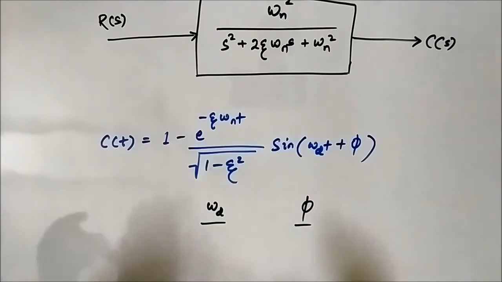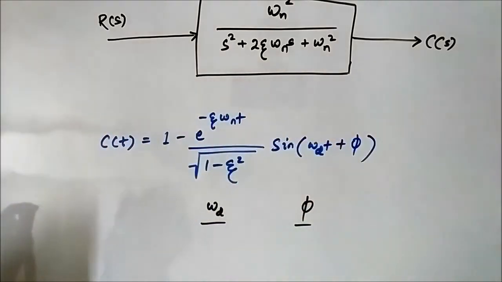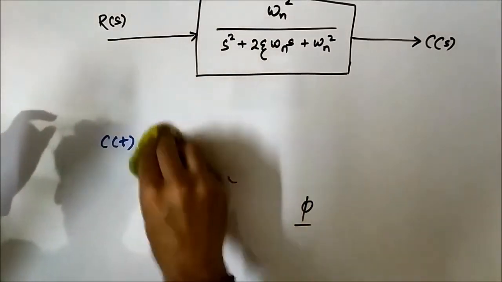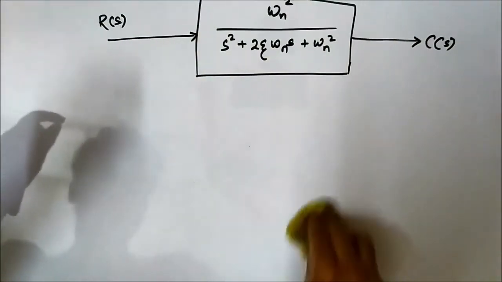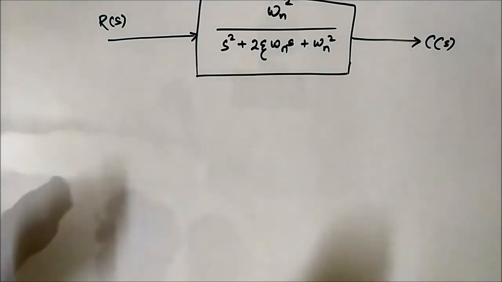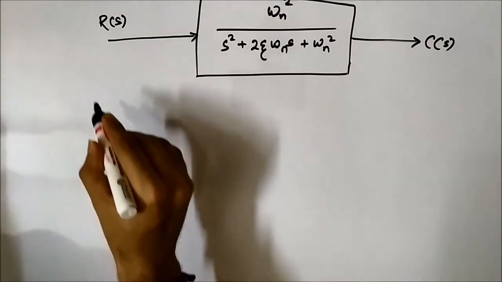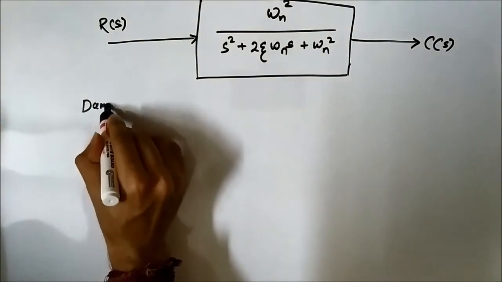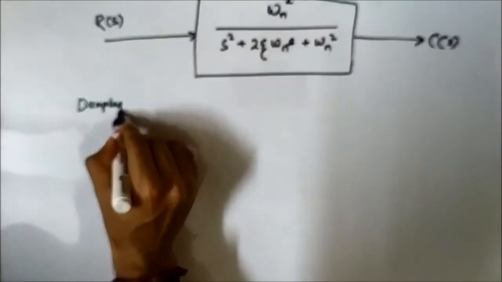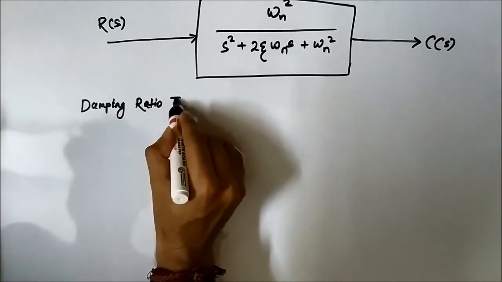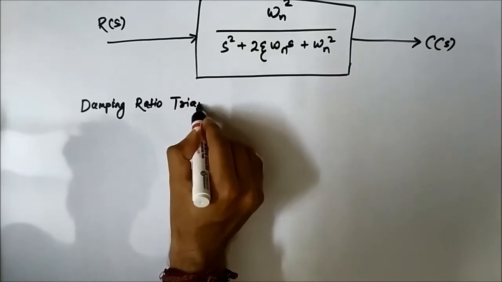So let us discuss them. You note down this expression, and I'm going to erase it. Where do omega d and phi come from? For that we have to draw the damping ratio triangle.